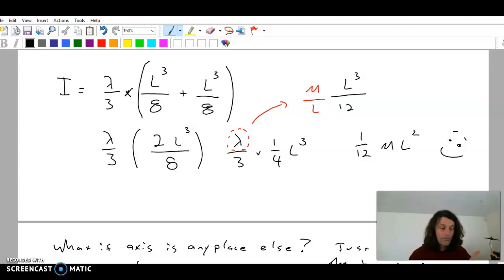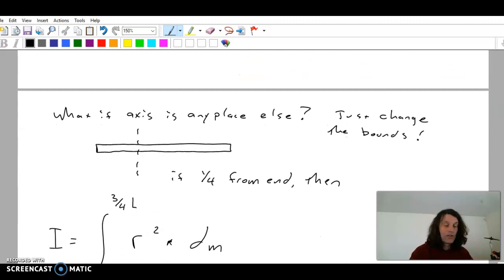All right, so what if we put the axis anywhere else? Anywhere else, it doesn't matter. You can put the axis wherever you want or wherever the question tells you to. Sometimes it'll say, what's the I of a rod rotating 1/4 from the end, 1/5 from the end, 1/3, whatever. It doesn't matter. Pick a spot.